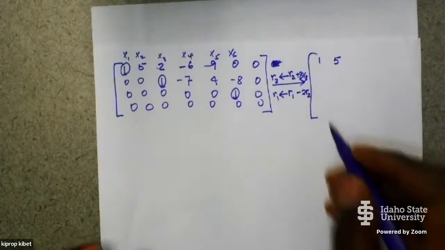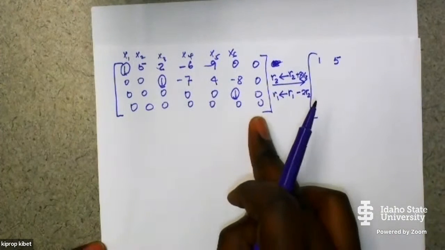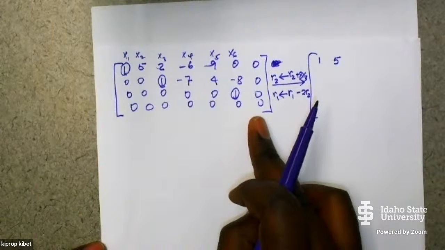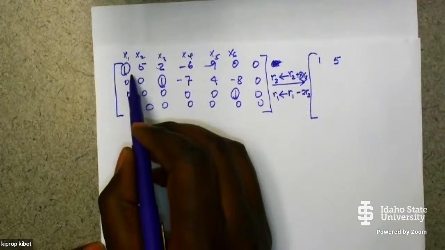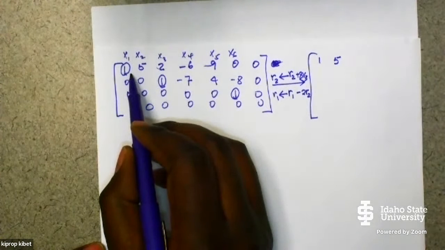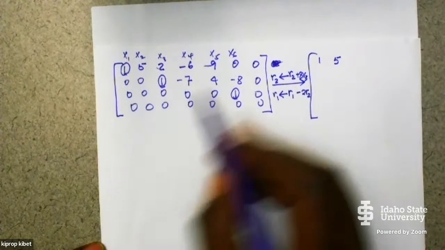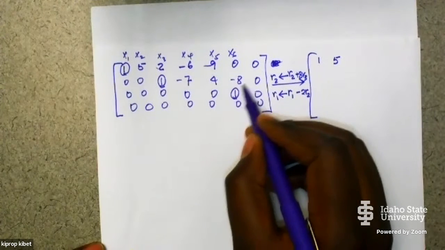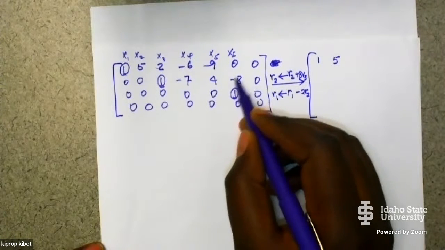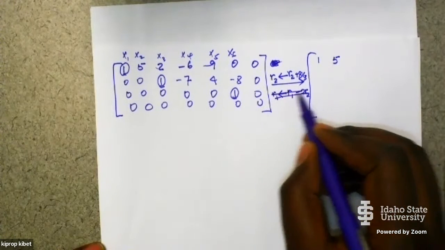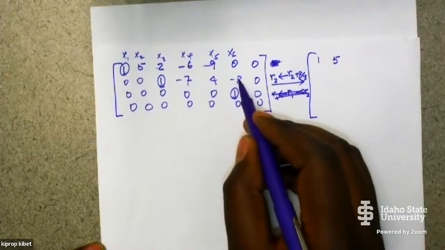So once we reduce this matrix, let's start from R2. We want to make this first entry to be 0.